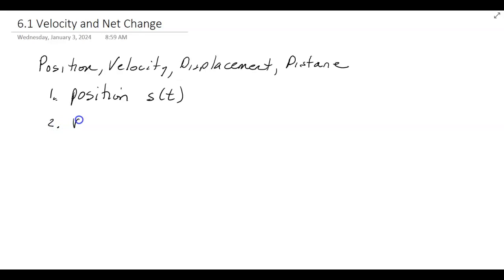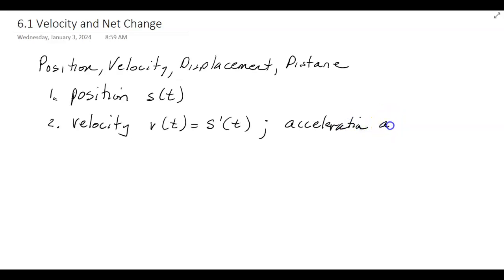And then velocity, if you recall from Calc 1, is simply v of t, and it is the derivative of s of t. And then we can add to that acceleration, a of t, which, if you recall, is simply the derivative of v of t.